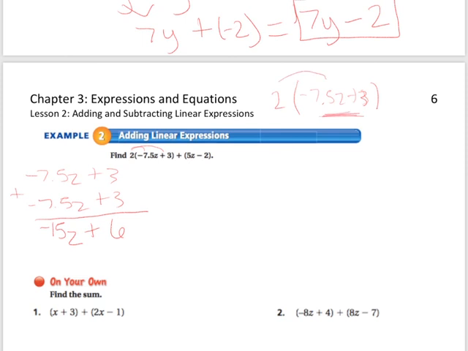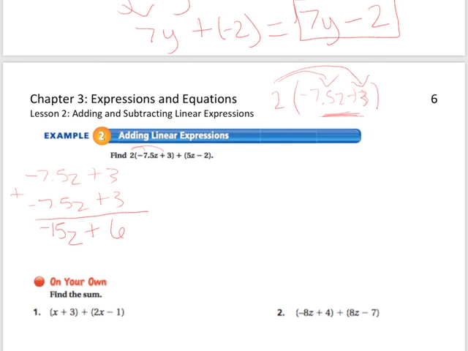So you can either use the distributive property if you feel confident with that, or you can line them up vertically and add them. It's going to be the same thing because all you're doing when you do the vertical is repeated addition, which is multiplication. So use whatever method you feel the most comfortable with.